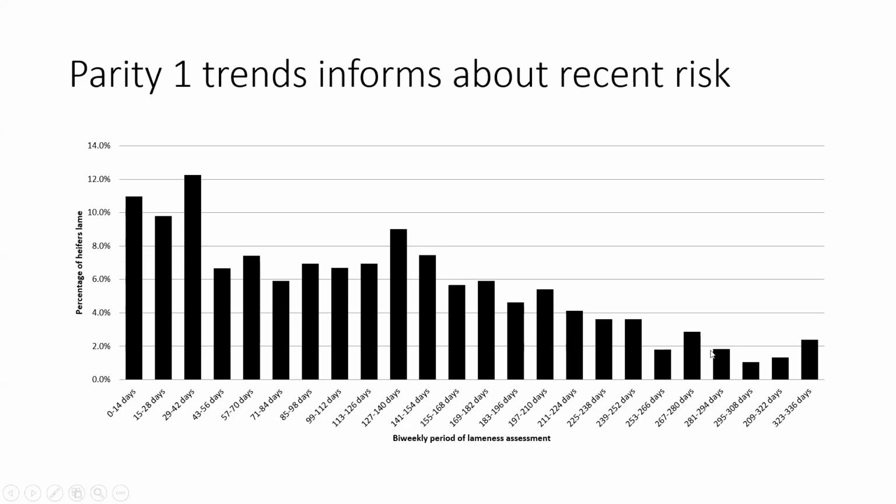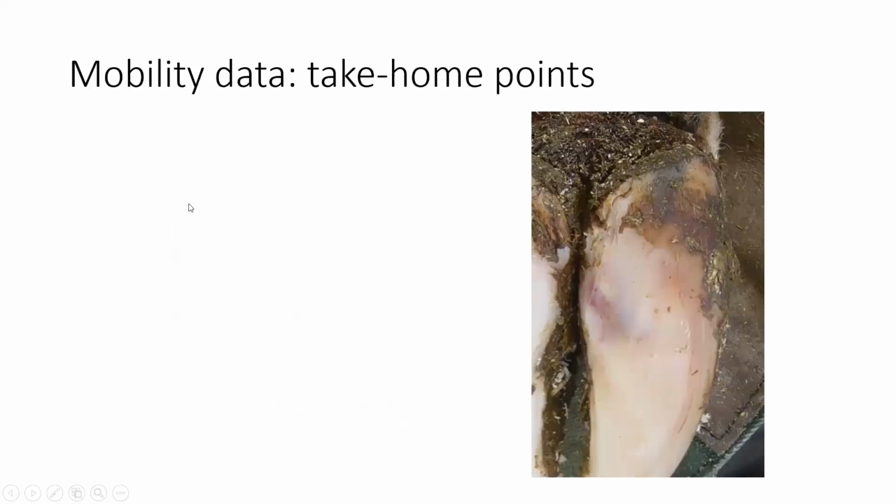And then as those heifers progress, we're down at 1 or 2% at around dry-off. So that tells us a really positive message for this farm, that we probably have to be very careful with our freshly calved heifers.